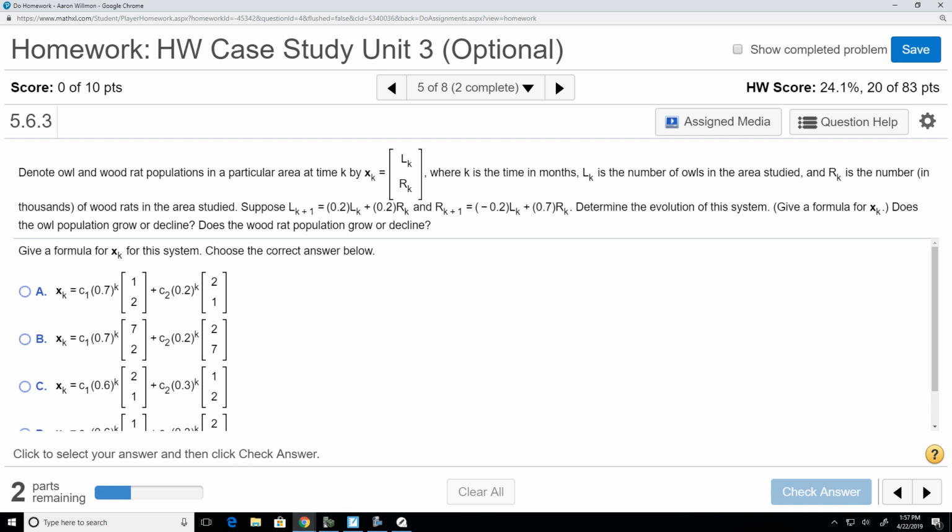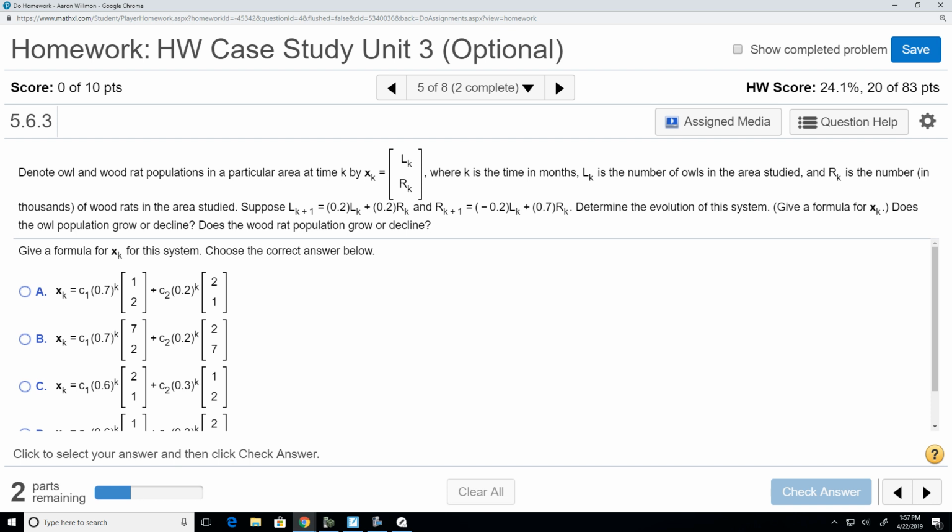But if they eat too many, then there won't be rats, so there'll be less owls, right? If there are a lot more rats, then there will be more owls, and when there are more owls, then there will be less rats. So they're kind of interconnected that way. Does that make sense? So this is why the owl population depends on the rat population, and the rat population also depends on the owl population. Okay.